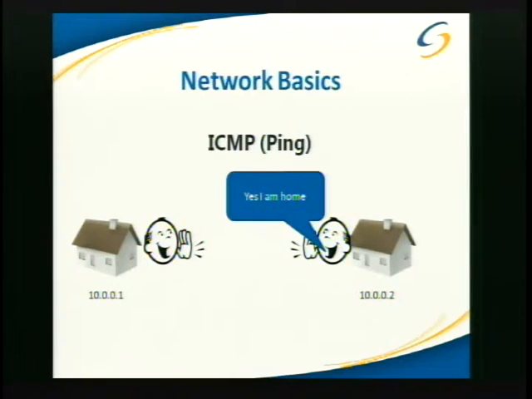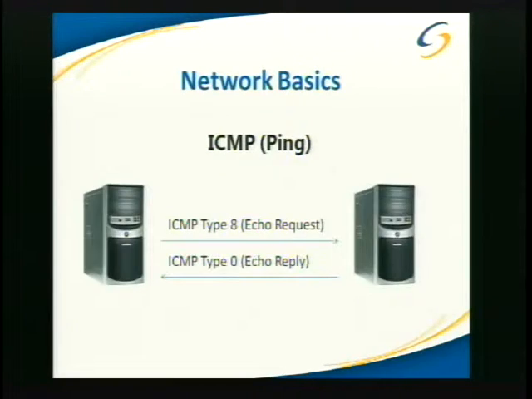So it's a pretty basic type of protocol. And here's how it's going to look. Here's machine 1. It sends an ICMP type 8, which is an echo request, to machine 2, and machine 2 just replies and says, yep, I'm online. I'm replying to your request to see if I'm online. So that's one of the common uses for ICMP.